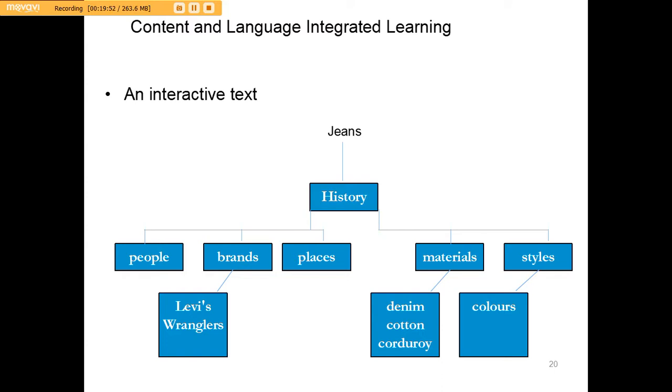Materials they may be made of, styles, different colours. So we can explore the text in a discussion to get a lot of information, a sort of mind map from the students about their understanding, in this case, of jeans. The mind mapping is the communicative part here, and it's helping the students express what they've understood and bring in their own ideas to the party as well.